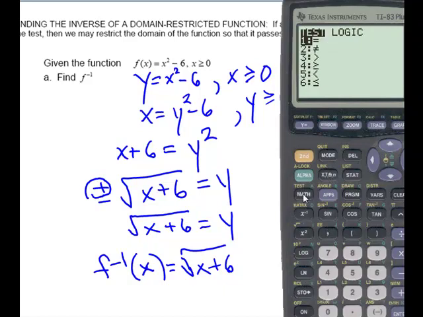That way you're under test. This time you want greater than or equal to, which is number 4, and 0. And then remember to close your parentheses. I'm going to hit enter. All right, I'm going to put my inverse function in, square root of x plus 6.